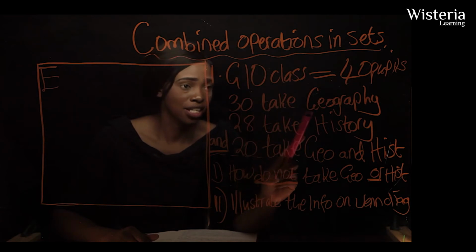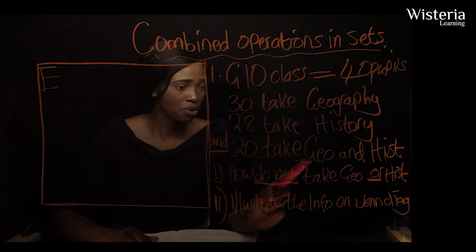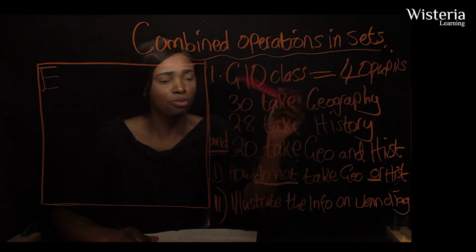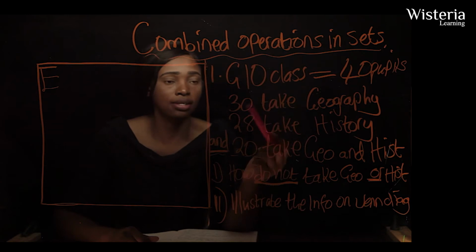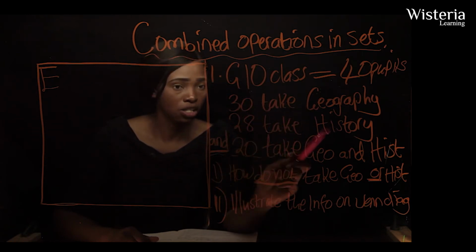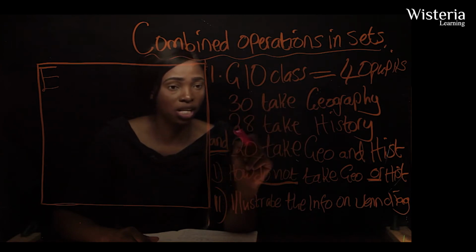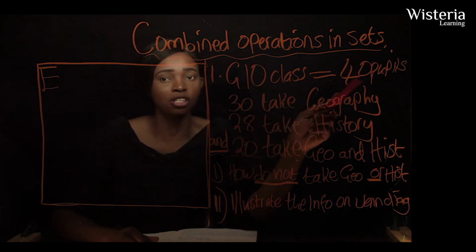Then 30 take geography, 28 take history, and 20 take geography and history. If we were to add those who take geography and history, 30 plus 28 will give us 58, and yet in that class there are just 40 pupils.